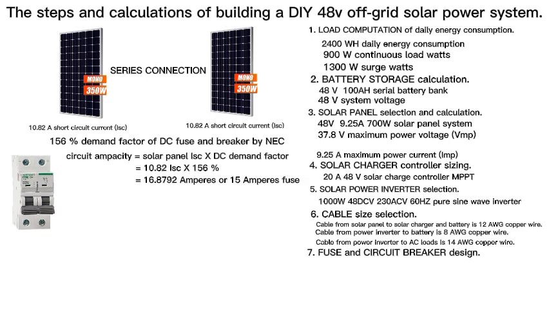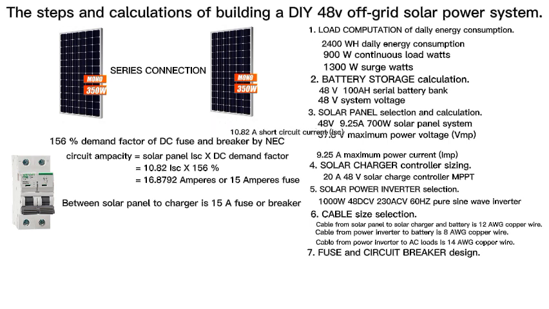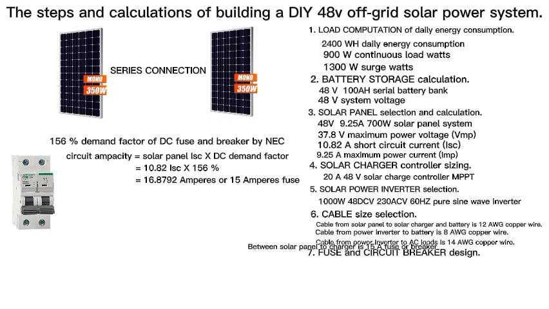So our circuit ampacity is equal to short circuit current ISC times the 156% demand factor, which is equal to 16.8792 amperes, or a 15 amperes fuse. So between the solar panel and the solar charger is a 15 amperes fuse or breaker.